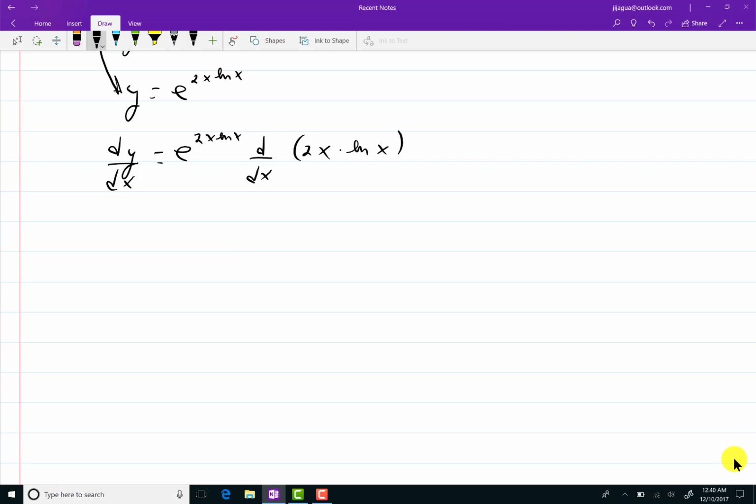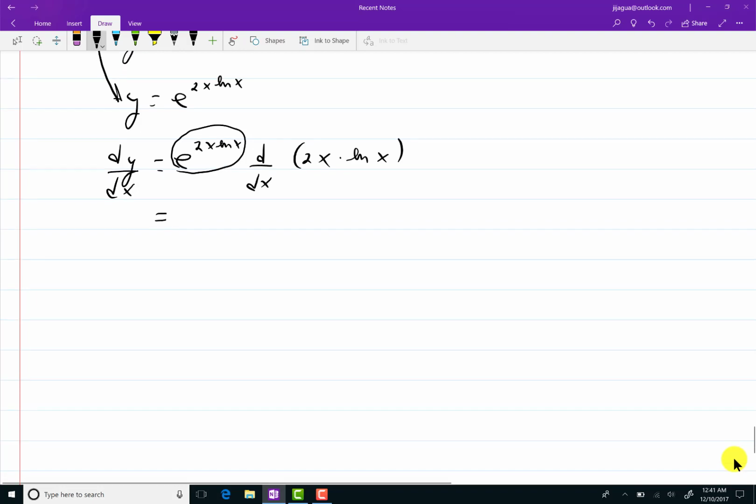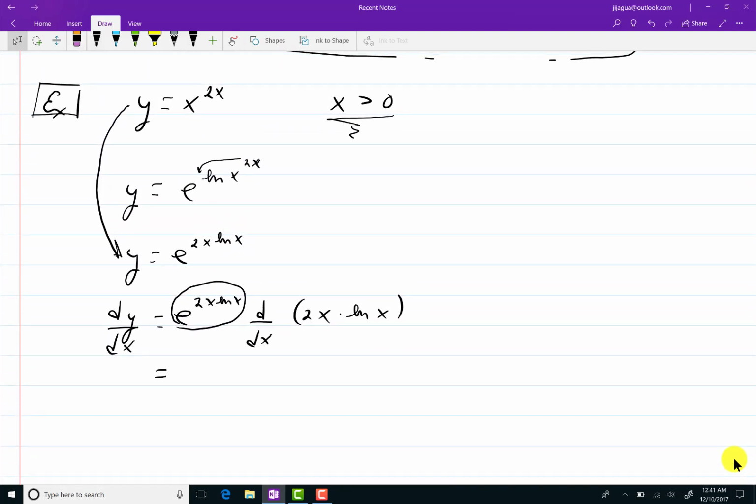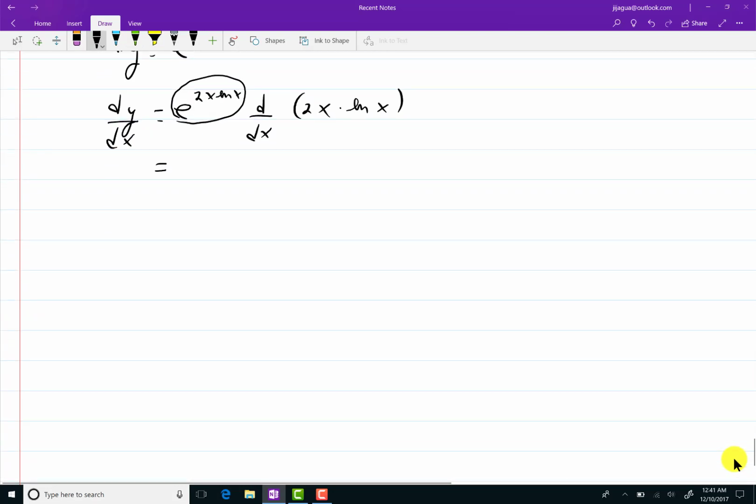I'll use the product rule for that part. Of course, the first part, all you have to do there is either leave it like that or put it back to x to the 2x. Your choice. I think I'll put it as x to the 2x. And you're not going to do anything with it for the rest of the problem, so just do the derivative of the rest of the stuff.